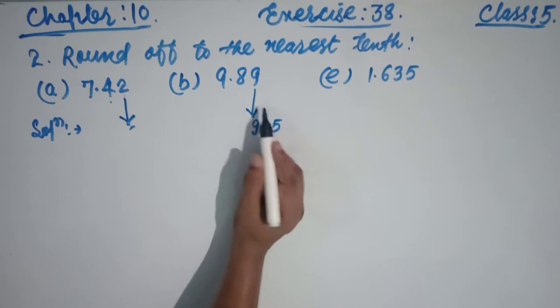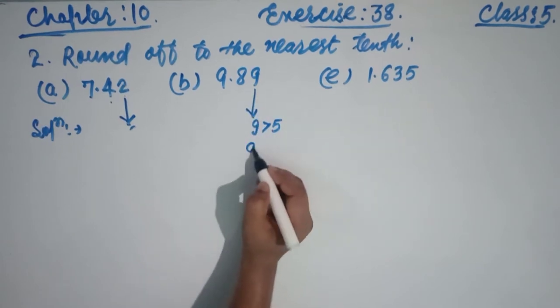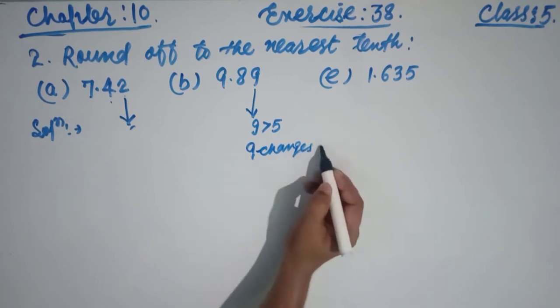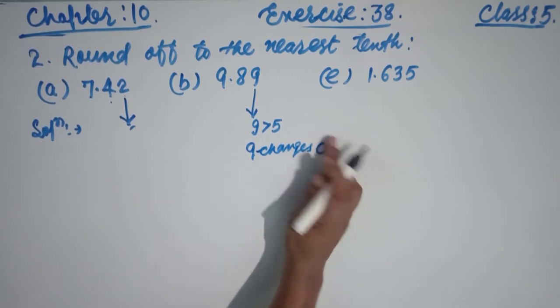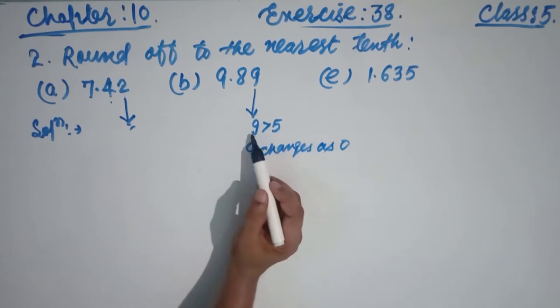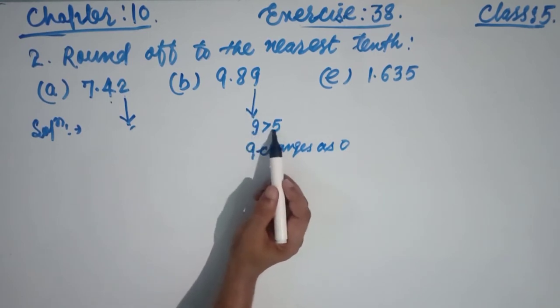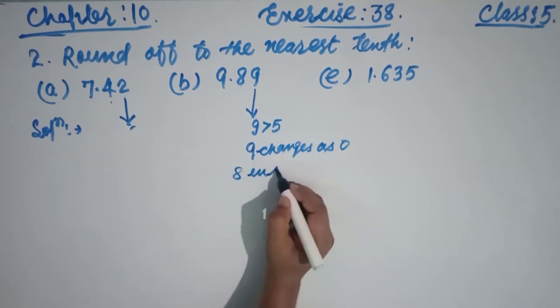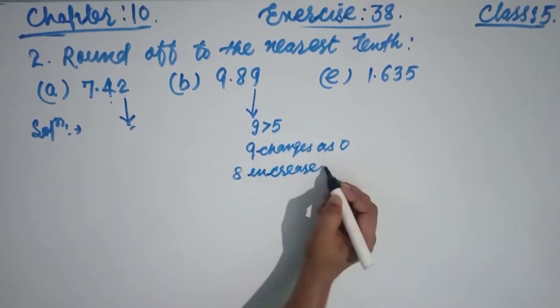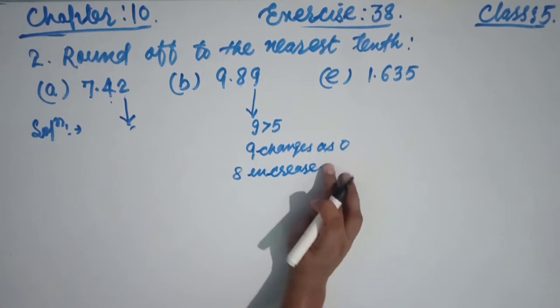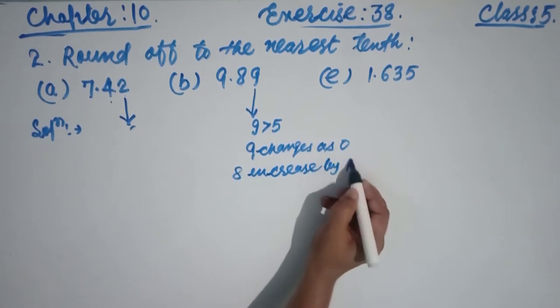So now, friends, this 9 changes to 0, because 9 is greater than 5. Now this 8 is increased to 9. It has increased by 1.